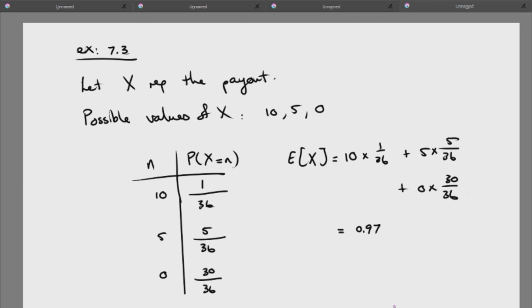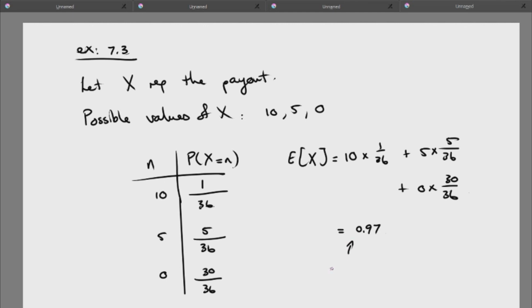So as long as I charge people more than that, I'm going to profit long term. Now I can decide how much. If I just charge $1 to play, then I'm going to make 3 cents every game. And if I play enough, it's going to add up. If I charge $2, then I'm only going to pay out 97 cents, but get $2 per game. So I'm going to be up.